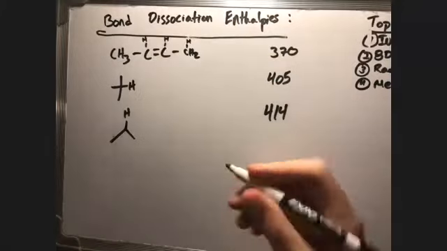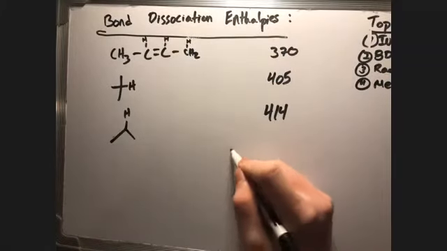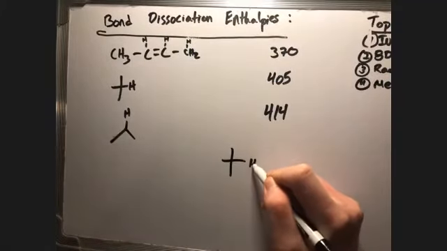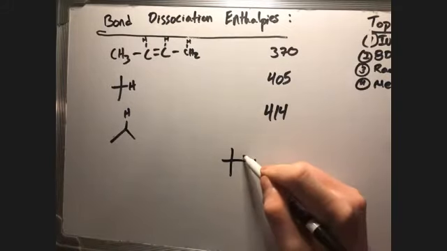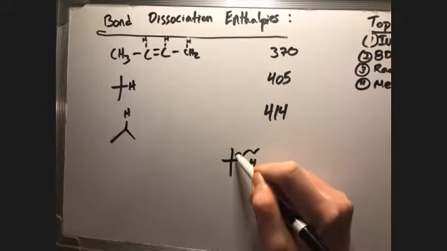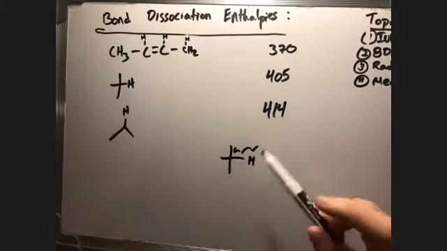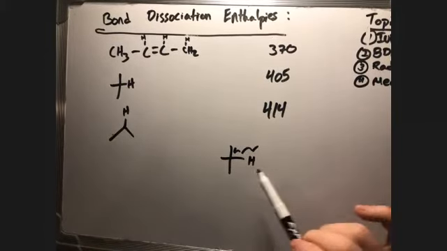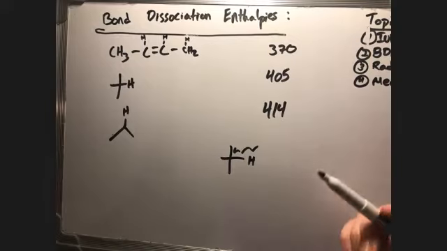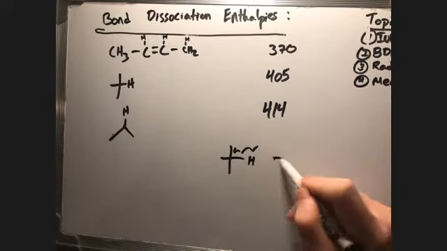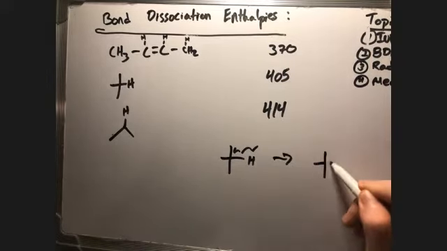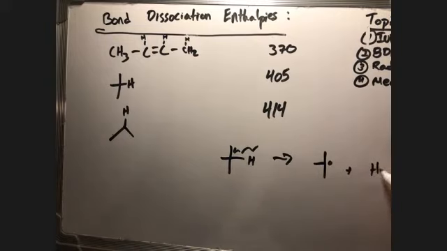First of all, homolytic cleavage is when one electron of that bond goes to each side of the bond. You'll notice the half arrow means one electron instead of the double-headed arrow, which is two electrons. So what this makes is this and the hydrogen radical. I got a lot of questions about this on the homework. Formal charge assignment for radicals is the same as we've talked about before.